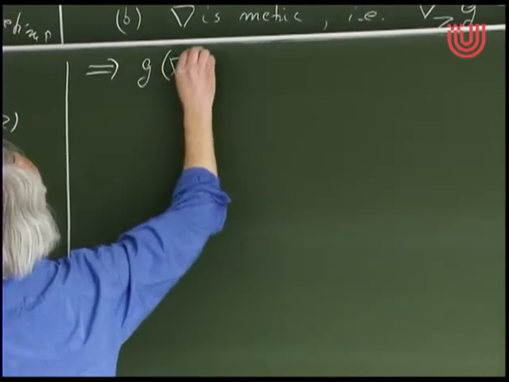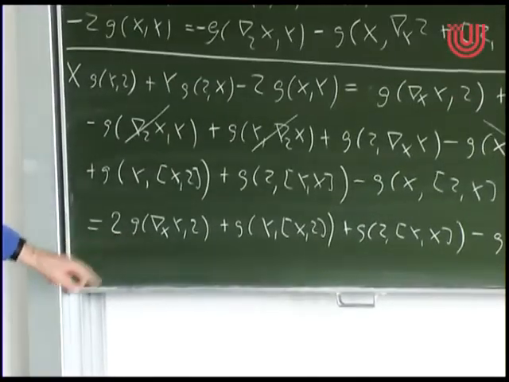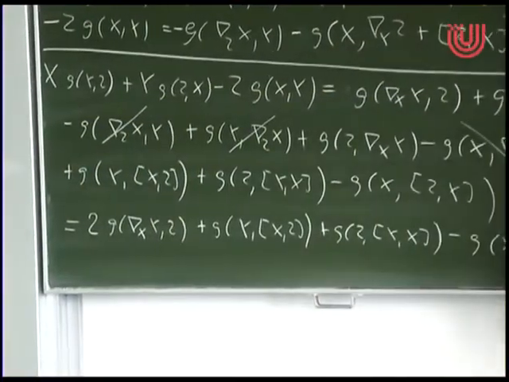∇_x y, that is 1/2 times something. Yeah, it's this 2. I take this 2 to the other side, and then I get a couple of terms.